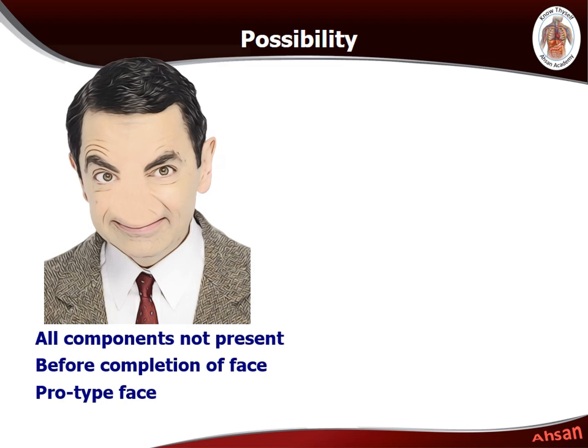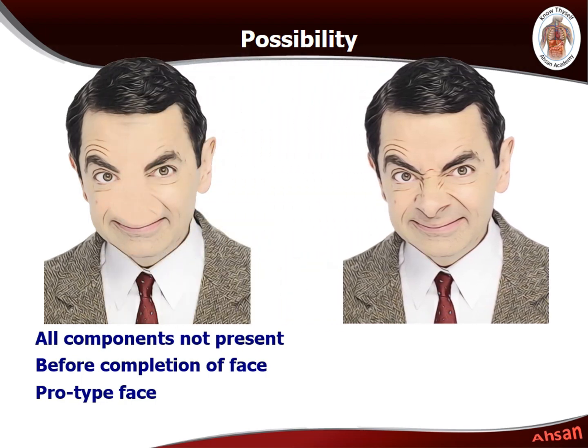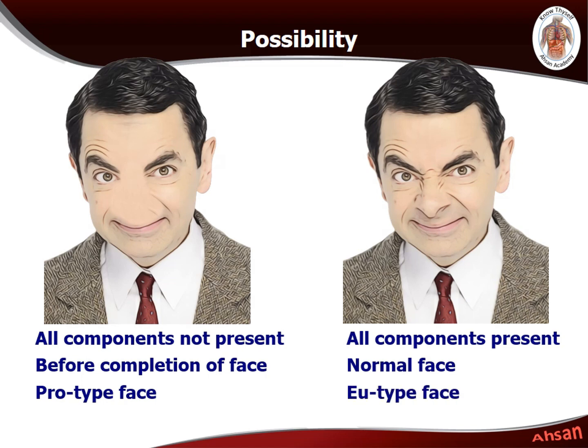In the reverse condition, if we make it complete, we should mark it as all components are present and the face is normal. So this is the EU type of face. Usually we pronounce it as U type face. So this is the pro phase and this is the eu phase, we can say, in summary.